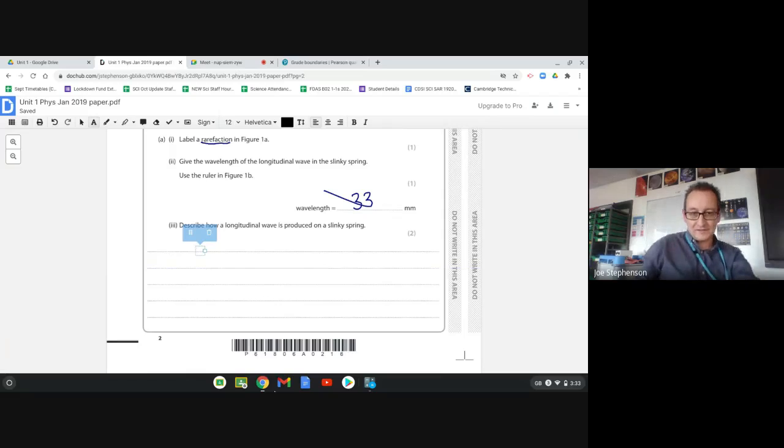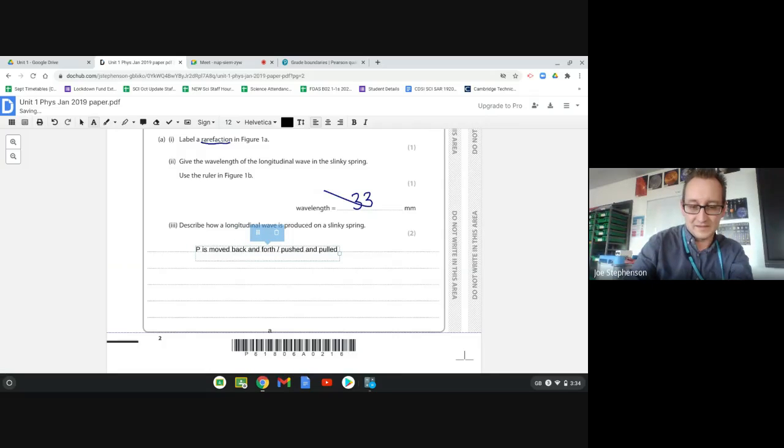Okay, so what we're going to do in here, I'm just going to type in a little box here. We're going to say that P is essentially moved back and forth, or you could say pushed and pulled.